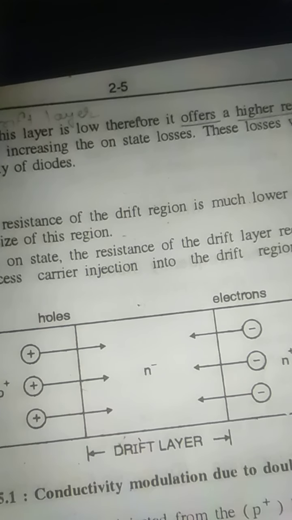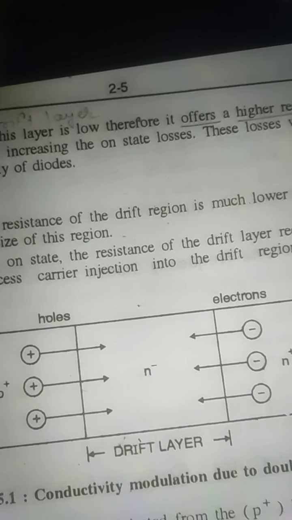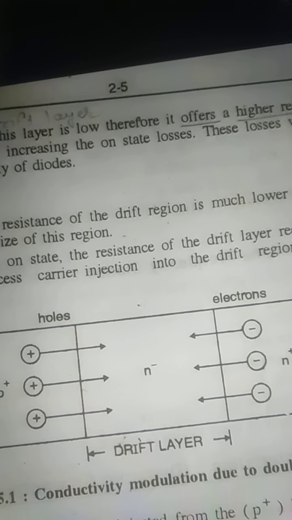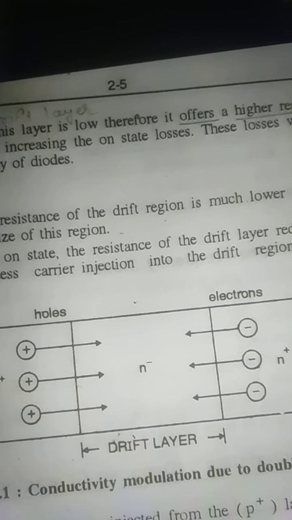Because of this, the resistivity of the n minus layer decreases and conductivity of the n minus layer increases, and hence good conduction takes place in the power diode when it is forward biased because of this conductivity modulation. So this is the process of conductivity modulation.